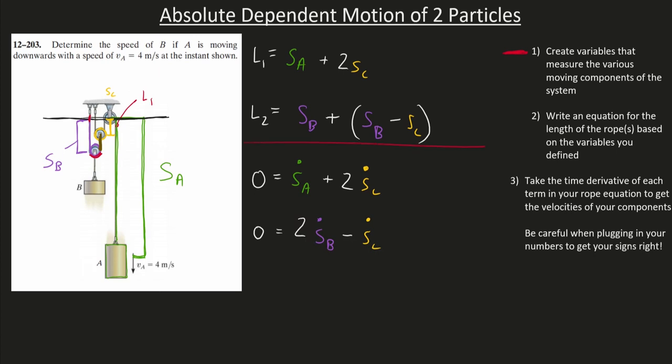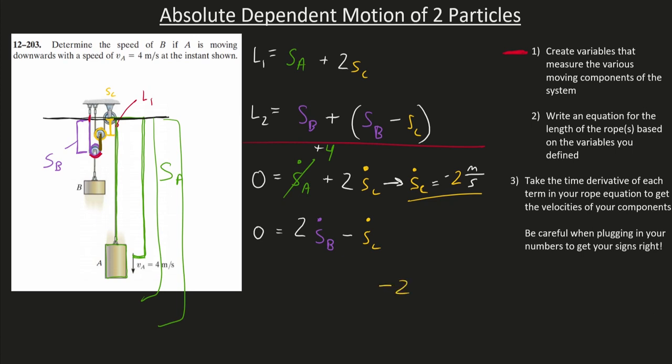Now it's time to plug our numbers in. We're given that block A is moving downwards with 4. This downwards means that my SA is going to get ever bigger. Therefore, this is going to be plugged in as a positive 4. Well, I can do a quick solve for the speed of my pulley C, and I'll get a negative 2, which means that pulley C is moving upwards at a speed of 2 meters per second.